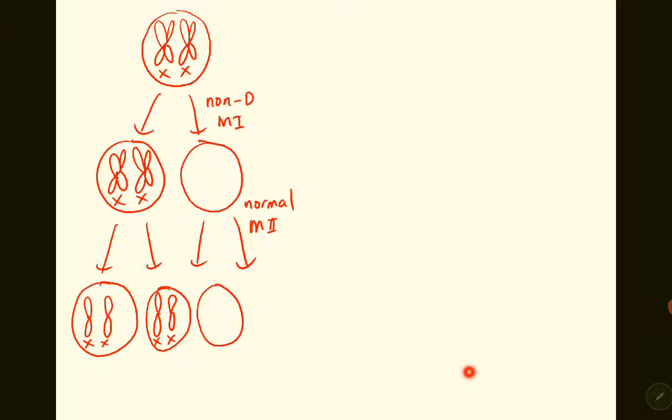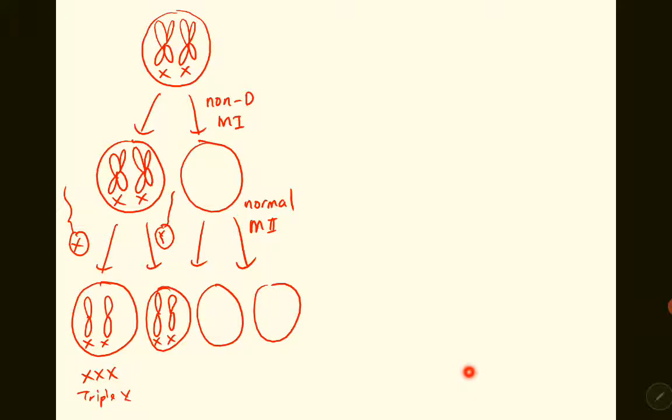Okay, so this one is O. So now sperm has two types, either it is X or it is Y. If the X fertilizes this XX, it becomes triple X syndrome.